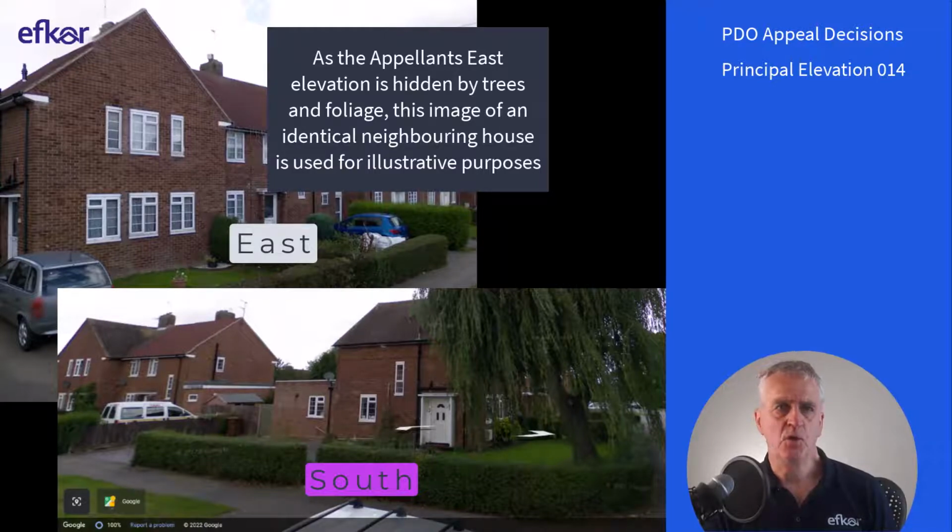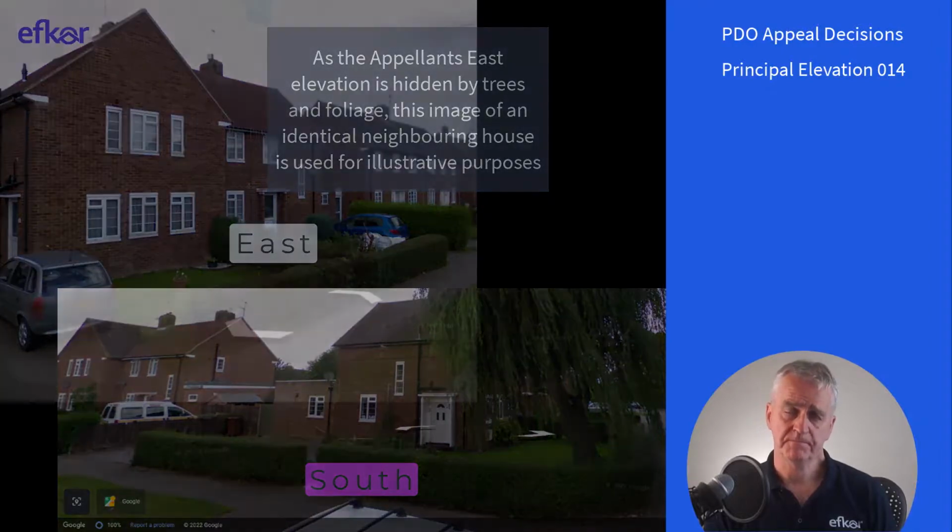The inspector made no comment at all about the architectural merit of the east elevation. Apparently the logic was that the east elevation must be the principal elevation as the south elevation looked like a side elevation. In my opinion, it's a peculiar judgment in that one elevation is judged from a negative viewpoint and the other is not judged at all. And the decision is the opposite of the previous very similar property.